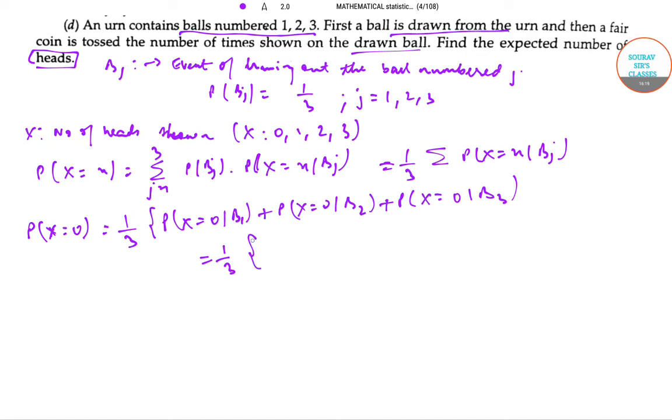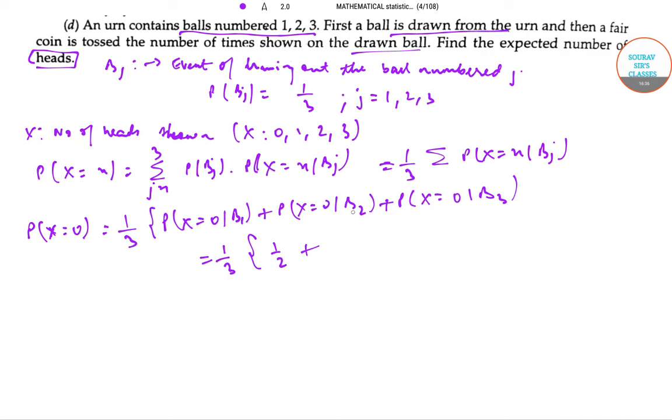So 1 by 3. Now x is equal to 0 given b1. So given one ball is drawn, what is the probability that the head doesn't occur? It is half. Plus x is equal to 0 given b2.